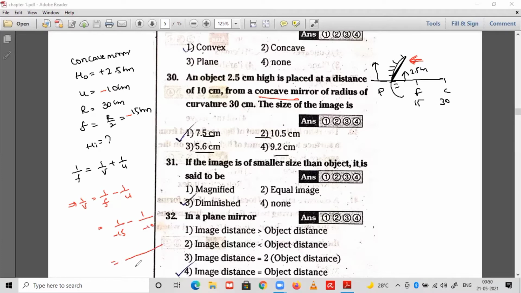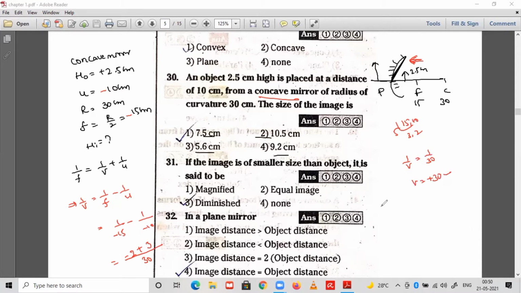Now the LCM will be 30: 15 comma 10, 5 3s are 15, 5 2s are 10, so 30 is the LCM. So minus 2 plus 3. Now you have 1 by V is equal to 1 by 30, so V is equal to plus 30. Initially also we did the same thing.